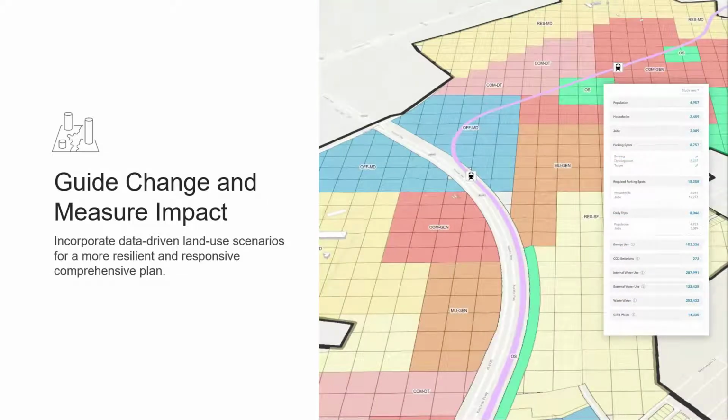Furthermore, ArcGIS Urban can guide change and measure impact by communicating current status and future trends in your community. In the new release, we have added land use planning capabilities as well as more advanced capacity metrics to help move traditional policy interventions to a more analytical and scenario-driven process.